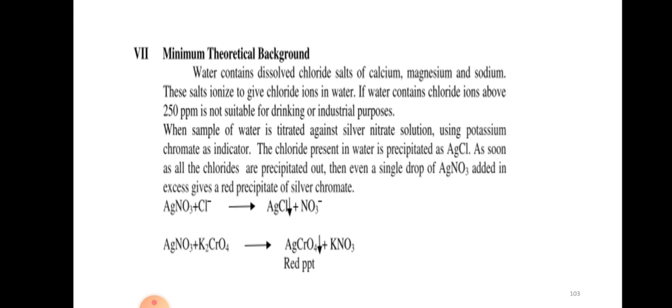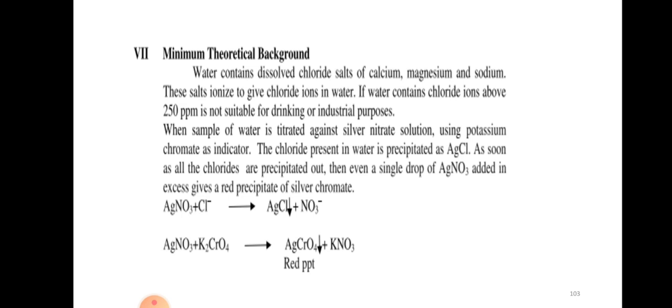When a water sample is titrated with silver nitrate solution using potassium chromate as indicator, the chloride present in the water is precipitated as silver chloride. When all chloride is precipitated, if we add extra AgNO3, it gives a red color precipitate.